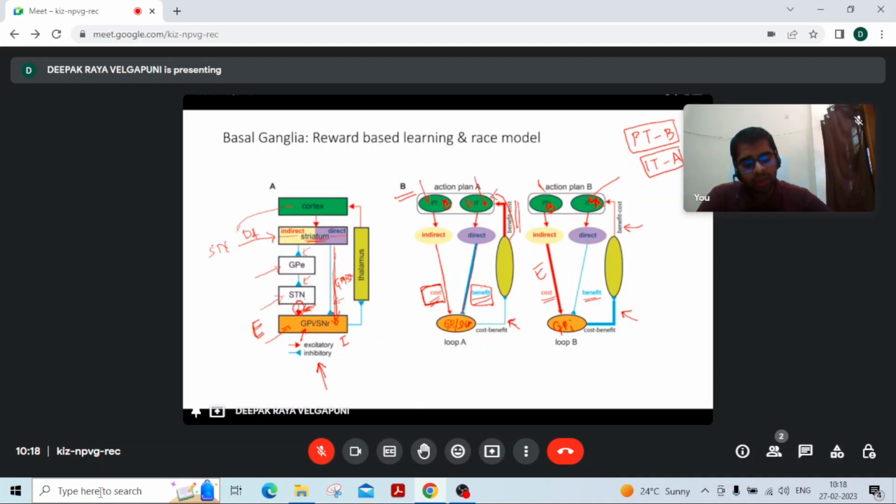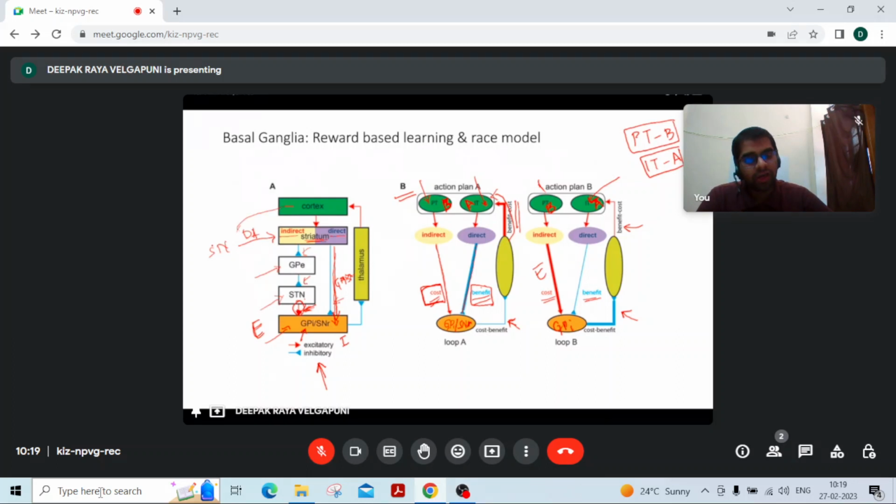For example, how are two action plans handled? Let's say you have plan A and plan B. Plan B is represented by some nucleus in cortex called PT, whereas A is represented in IT. And you have two pathways, direct and indirect. One pathway evaluates the cost, and one the benefit.